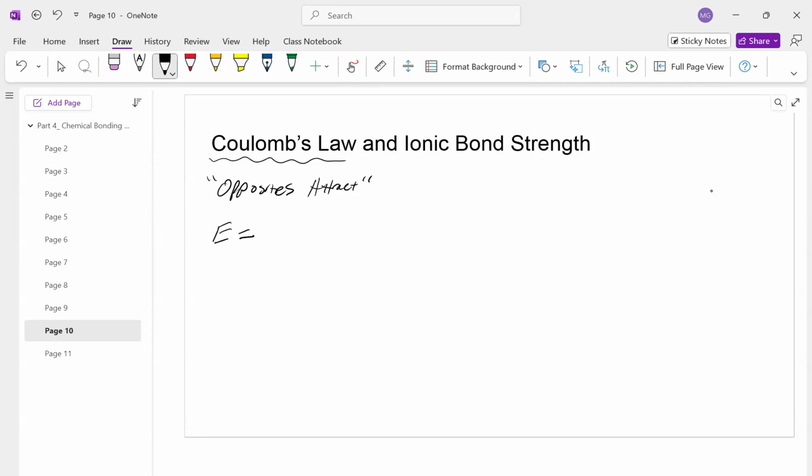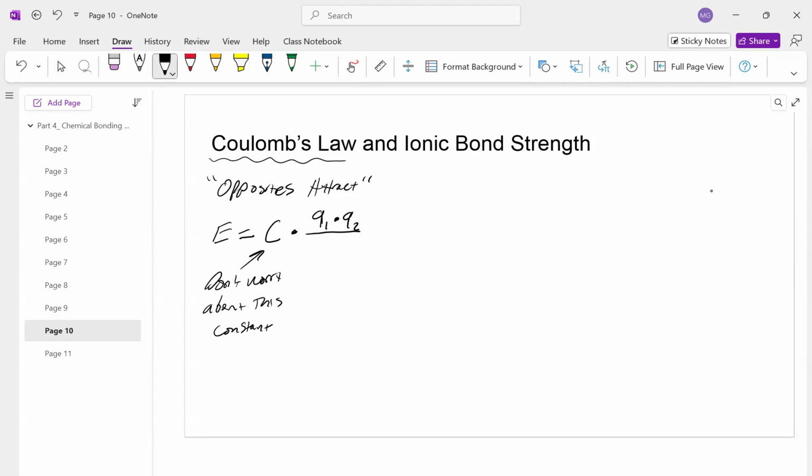our comparisons. The energy of a bond is equal to some constant. Don't worry about this. Times the product of the charges of the two ions, Q1 and Q2.